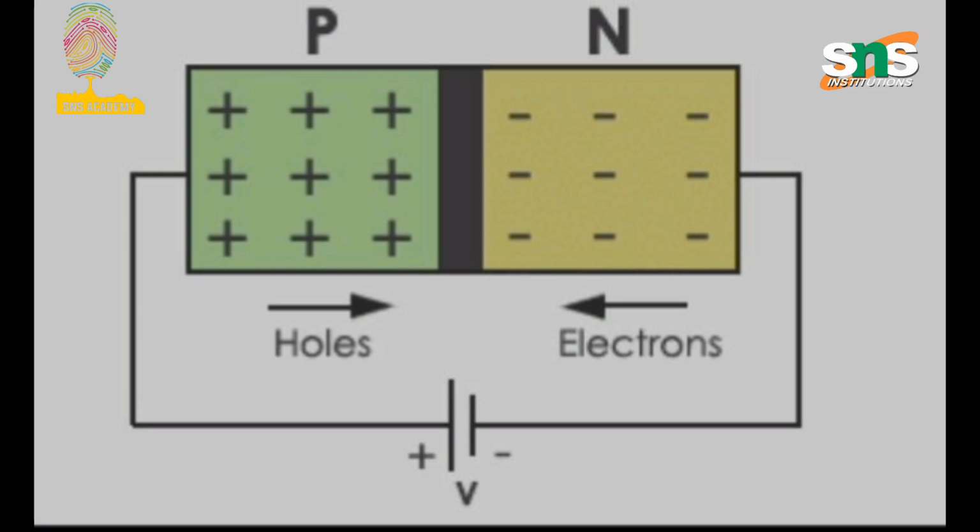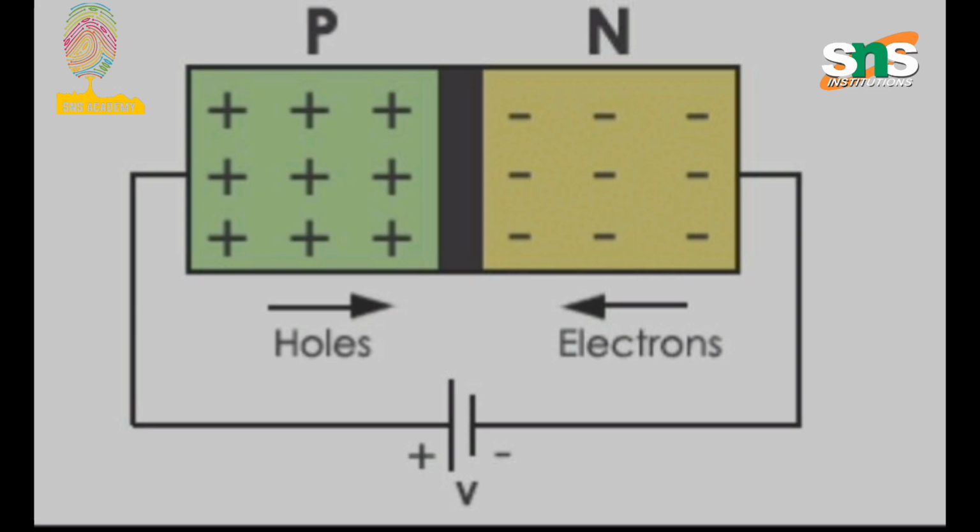Two important processes occur during the formation of a PN junction: diffusion and drift. We know that in an n-type semiconductor, the concentration of electrons is more compared to the concentration of holes. Similarly, in a p-type semiconductor, the concentration of holes is more than the concentration of electrons.